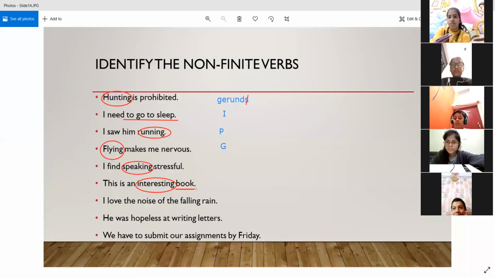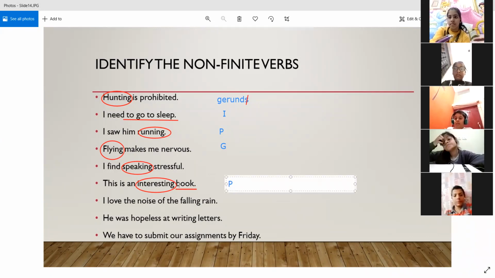Right? And I have told you that the participles play the role of adjective quite often. In the previous slides also I had shown you that the participles play the role of adjectives. So over here, this interesting is describing the book. What type of book it was? Interesting. So it is a participle.